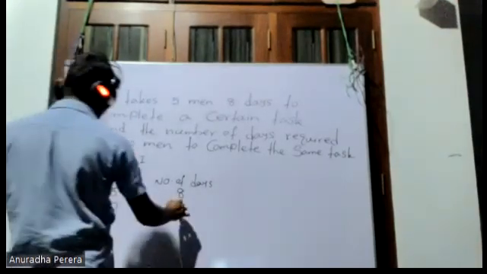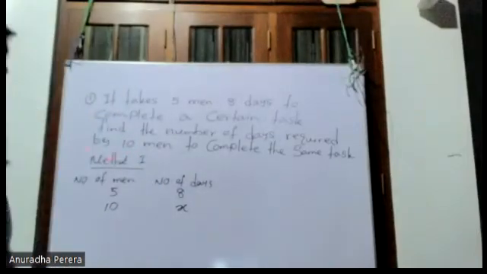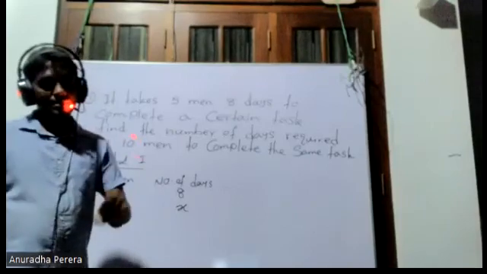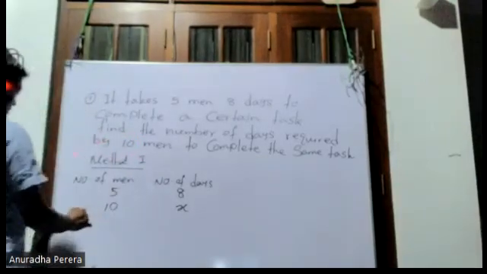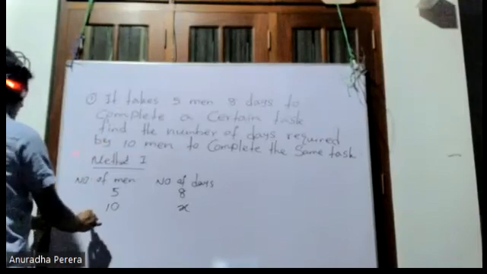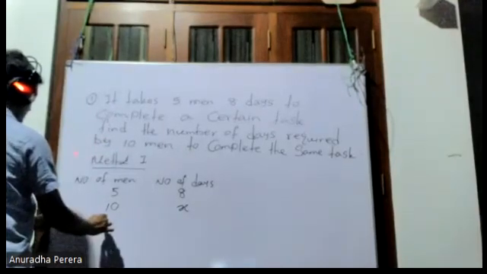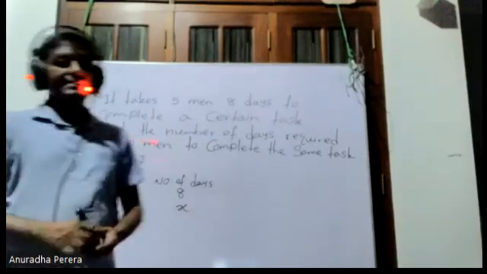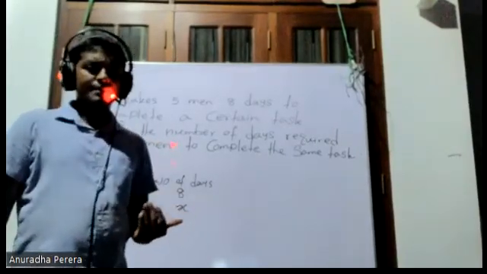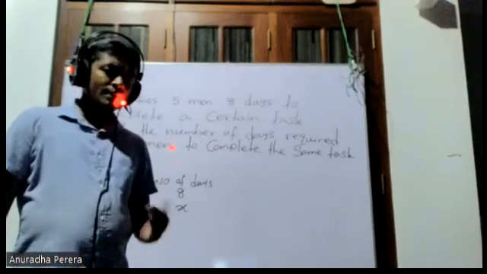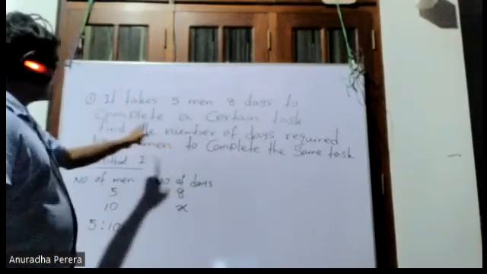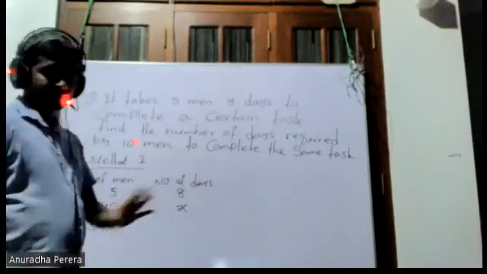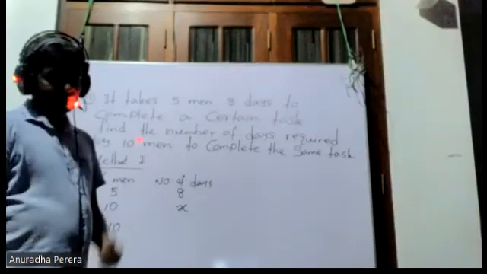You can take it as x. Then take the ratio between number of men and number of days. But you know, this is an inverse proportion. When the number of men increases, the number of days decreases. It is obvious. This is an inverse proportion.